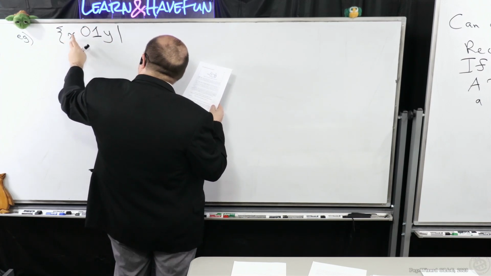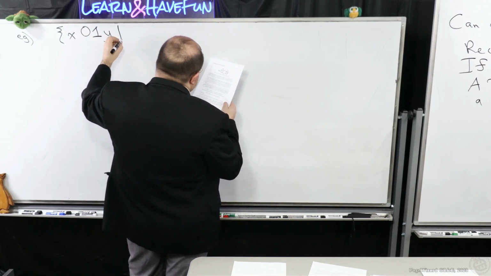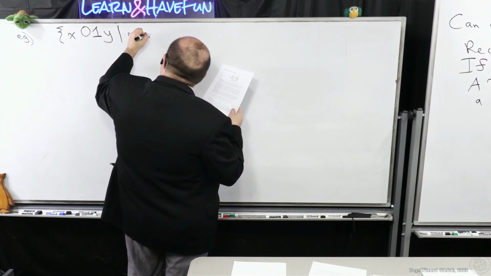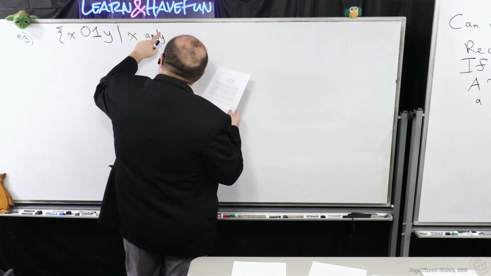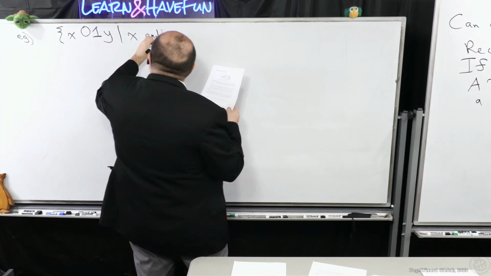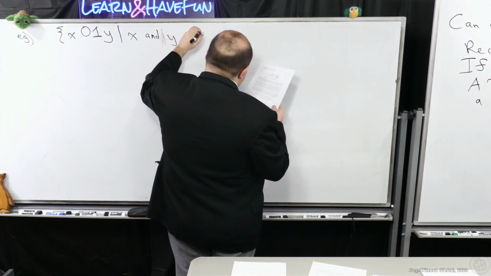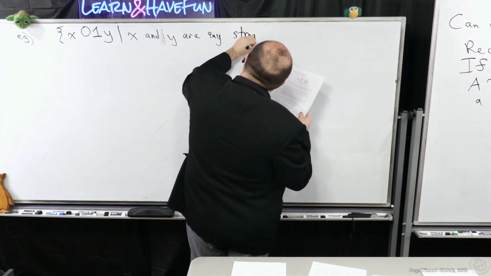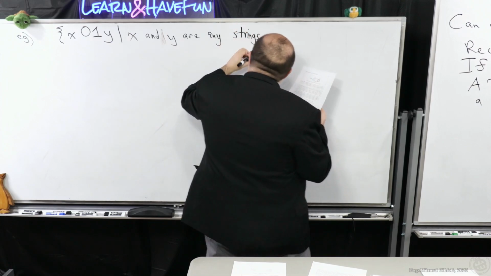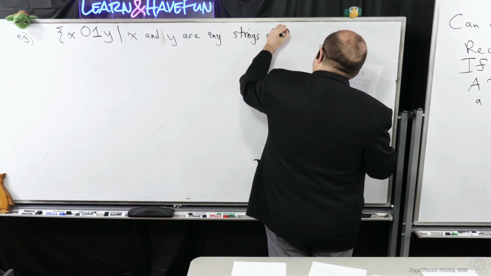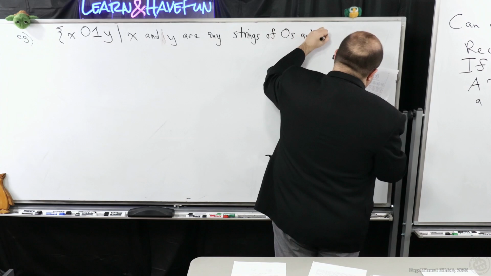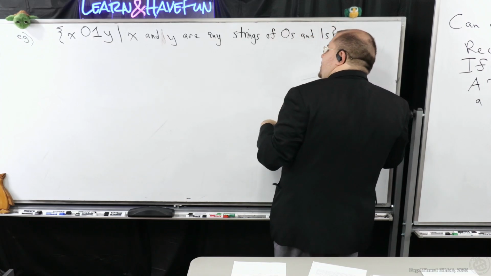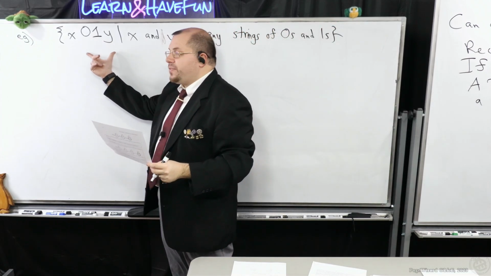They're going to be x, 0, 1, y. So x and y in here are any strings of zeros and ones. So this string has a very particular form.